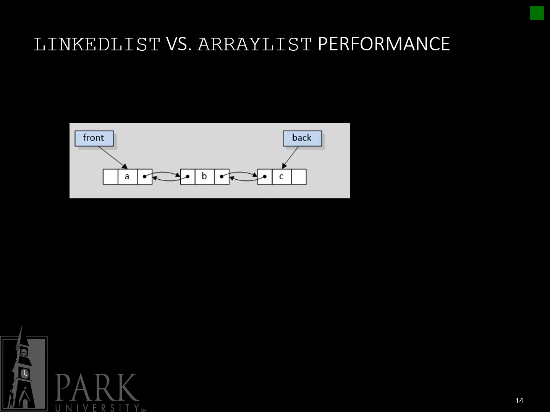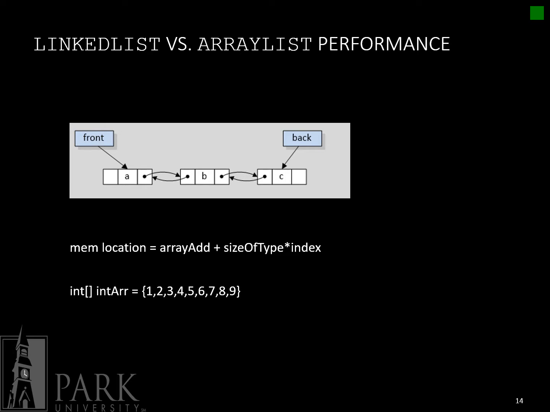So remember, with arrays, since we know how much memory each object takes, the index is actually a multiplier for the memory offset. So say that we create an integer array and it's stored at memory location 1000. We would automatically know the memory location of the sixth element, or index 5, by multiplying the memory size of the integer by the index and then adding it to the memory location of the array.